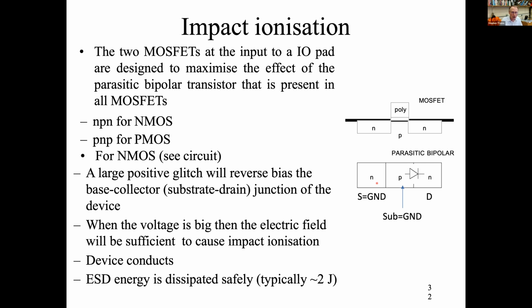In other words, it creates another electron hole pair, and this creates an avalanche in the end, and you get a huge current, and the large voltage spike is dissipated. So that's roughly how it works. We don't need to go into the details too much for this course. So that gives you the protection from electrostatic discharges.